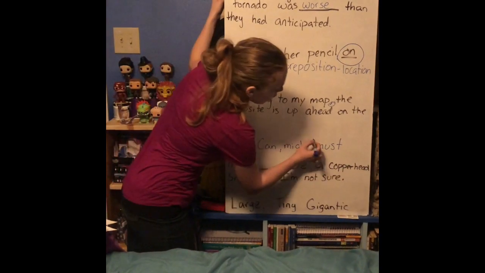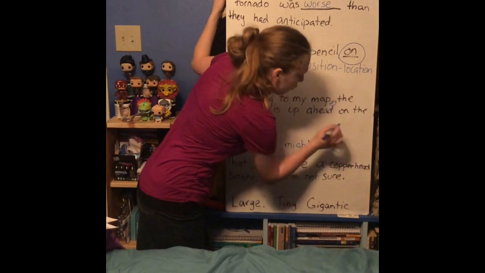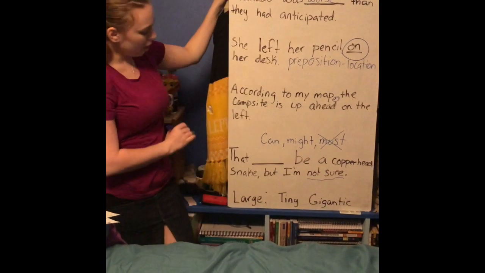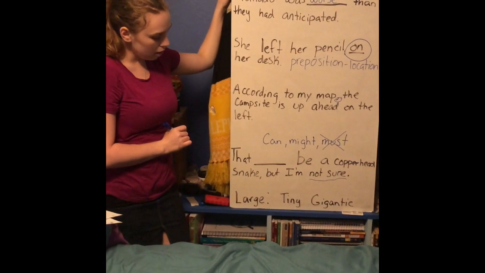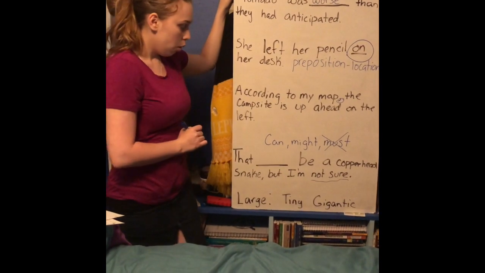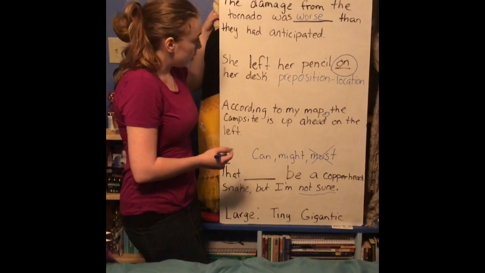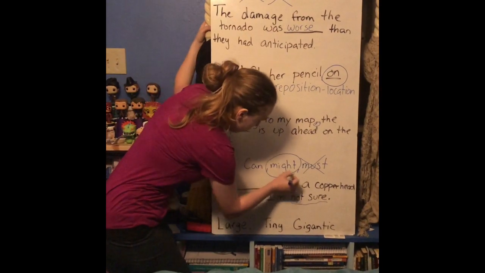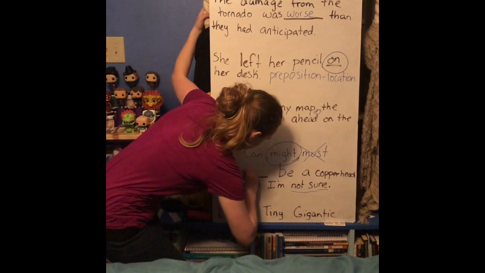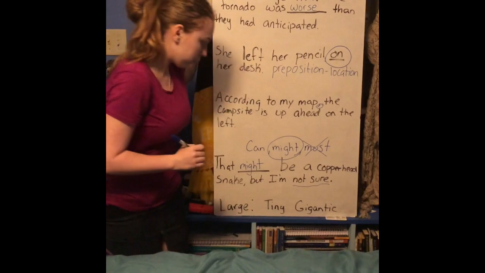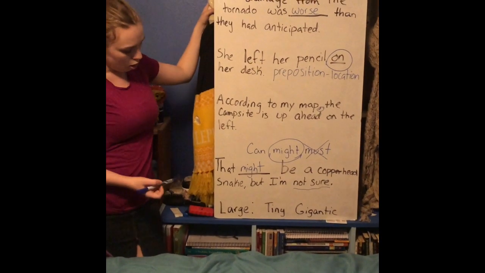I can go ahead and take must out because that's kind of like definite, and it's saying that they're not sure. So that can be a copperhead snake, but I'm not sure, or that might be a copperhead snake, but I'm not sure. In this instance, might is the better option for the blank spot.